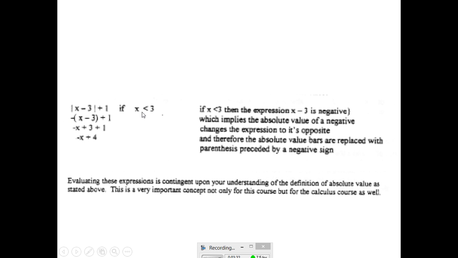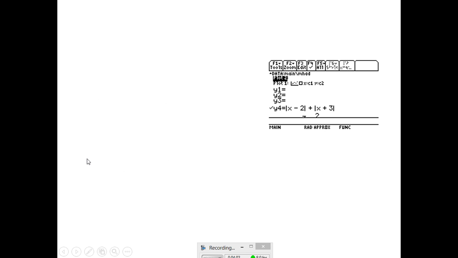So for any value less than 3, this entire x minus 3 expression will go negative, and the absolute value bars will in effect report its opposite. So for values less than 3, we can drop the absolute value bars at the expense of making this the opposite of what it is. And then doing the algebra, we simplify that down.